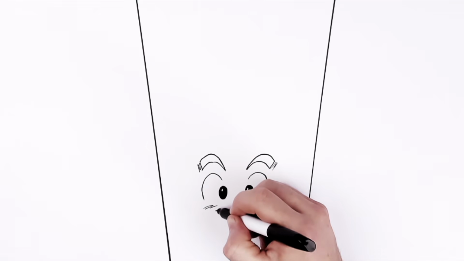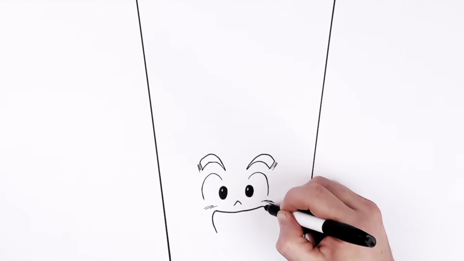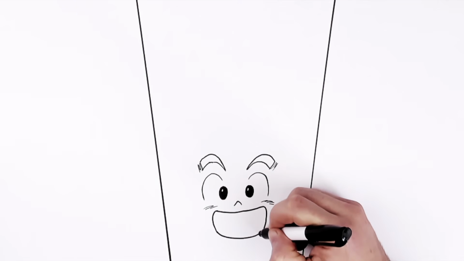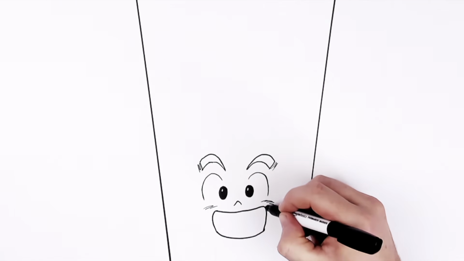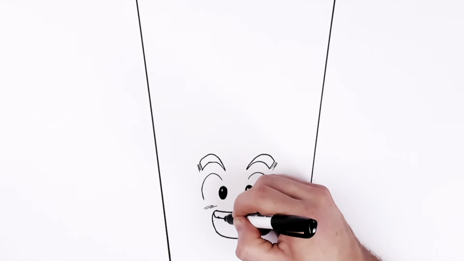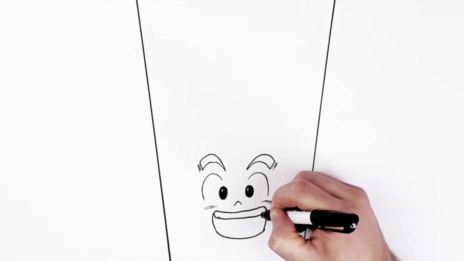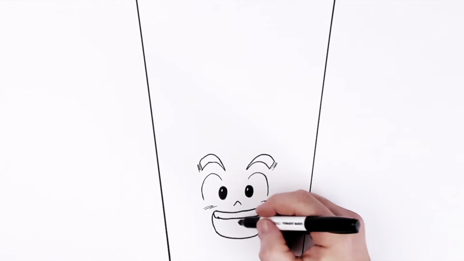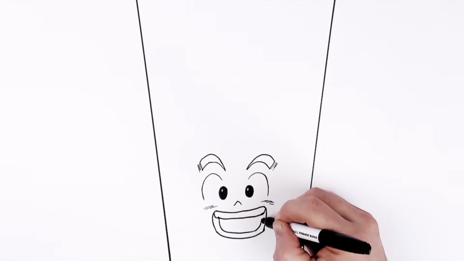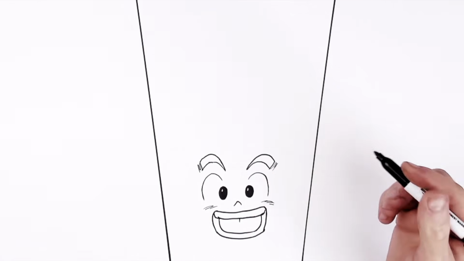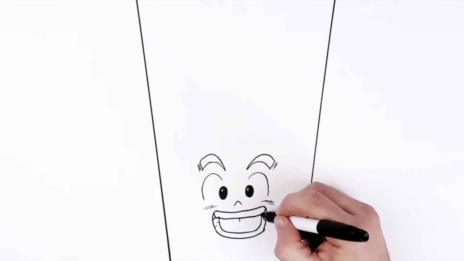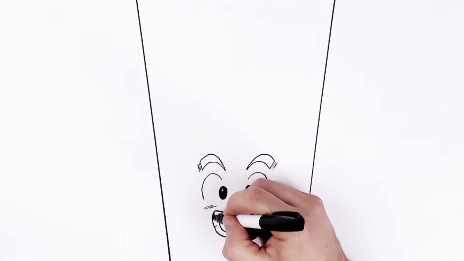And we'll open it up. Curve around the bottom lip. Top teeth, and then bottom teeth and tongue. Then his molars at the back, just these sort of curved lines. A shadow here in the corner.